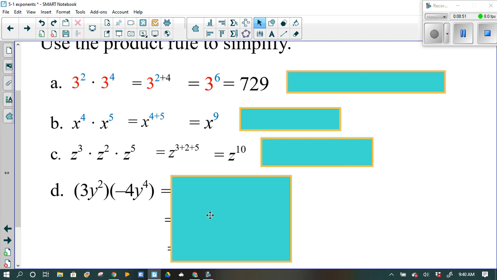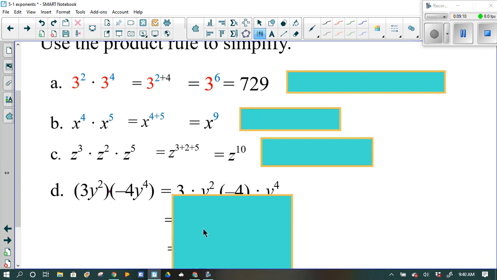So here, when you're multiplying these, just like we multiplied all of these, you still follow your basic rules. So I have 3y squared times, because remember, when you have parentheses, it just means you're multiplying, so this is really times. So now I have -4y to the 4th. So break it apart. 3 times y squared times -4 times y to the 4th.